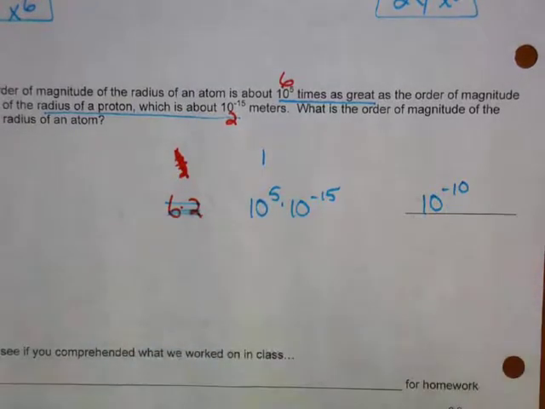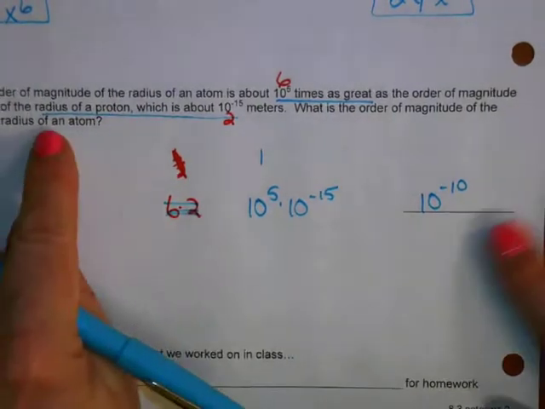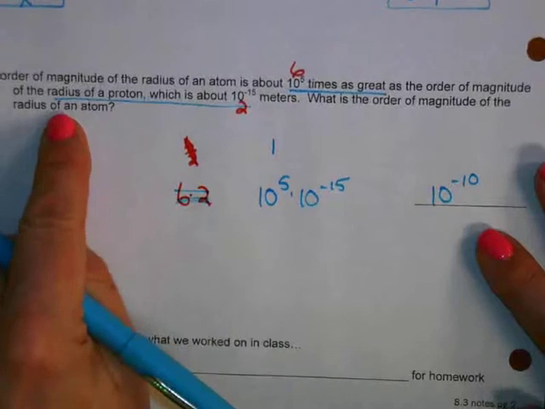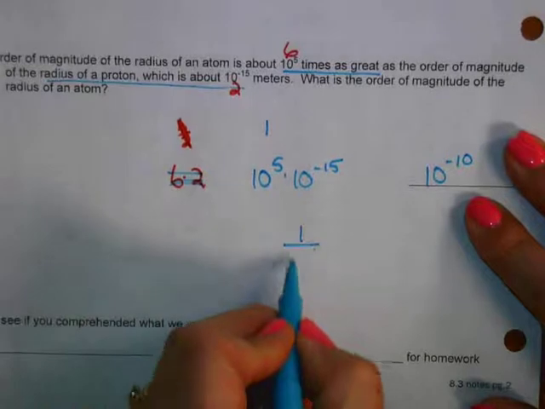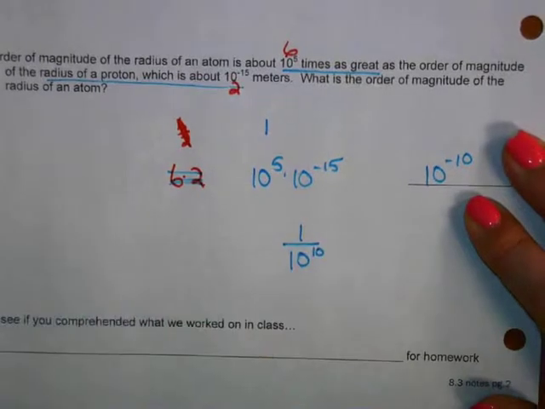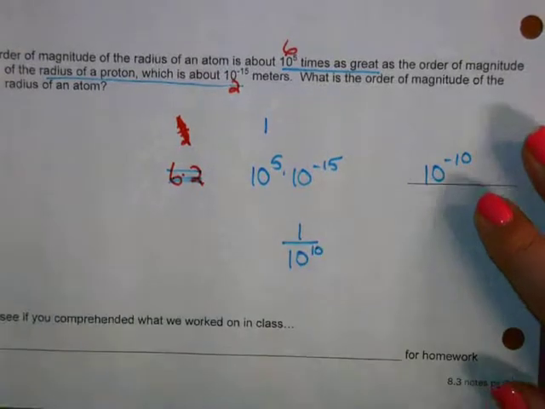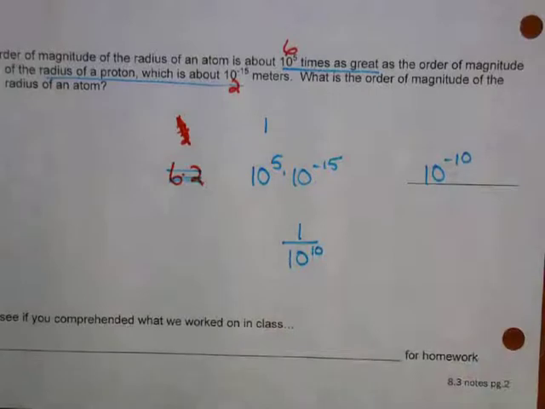Now, you can leave order of magnitude with a negative exponent, but I want you to think about it. We're talking about the radius of an atom. Is an atom super, super tiny small? Yeah. Well, wouldn't 1 over 10 to the 10 be a super, super tiny small number? Yeah. I just want you to kind of think about that. So, all right? That is it.